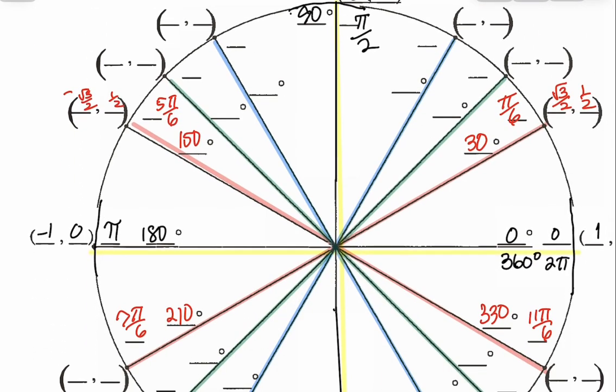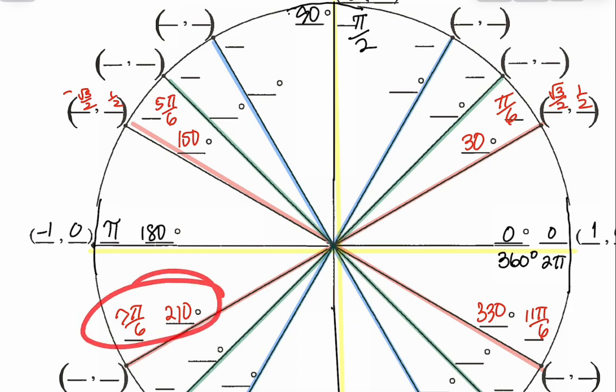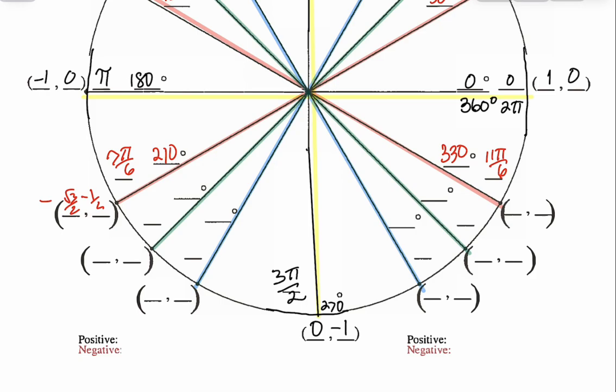Now we're going to use those same values down here. Square root of 3 over 2, 1/2. Put them down. Square root of 3 over 2, 1/2. But in this quadrant, they're both negative, because I went to the left and down. So in this, our x is negative, so our cosine is negative, and our y is negative.